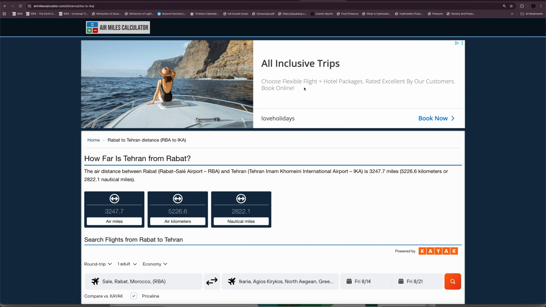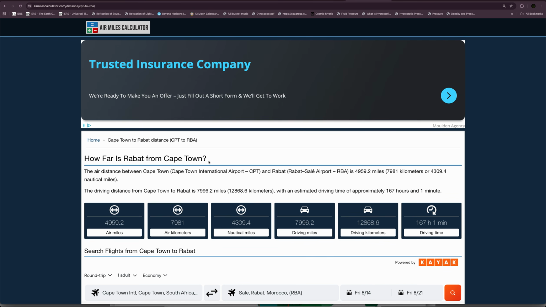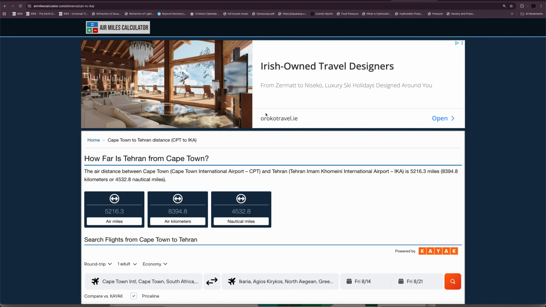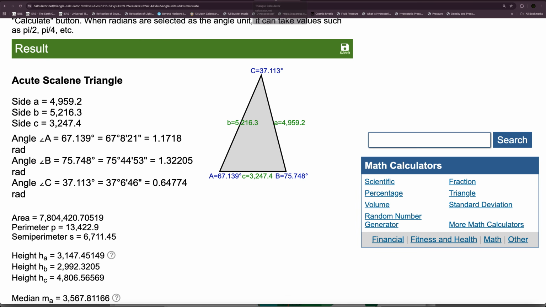Right, how far is it from Tehran to Rabat? It's 3,247.7 miles. How far is it from Rabat to Cape Town? It's 4,959.2 miles. And how far is it from Tehran to Cape Town? It's 5,216.13 miles. So I put all those into the triangle calculator.